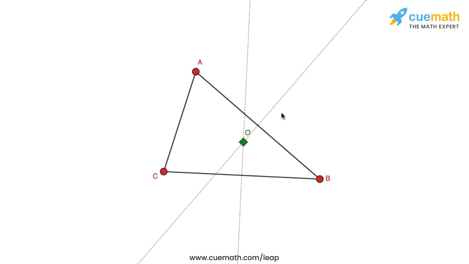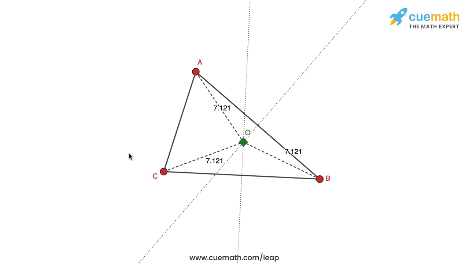Because it lies on the first perpendicular bisector, it must be equidistant from A and B. And because it also lies on the perpendicular bisector of BC, it must also be at the same distance from B and C. So O is at the same distance from A, B and C. And this is therefore the point that we were trying to find: the point inside the triangle that is equidistant from all the three vertices of the triangle.